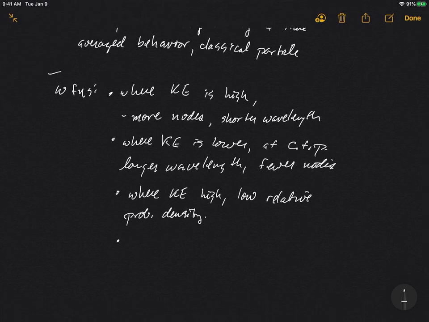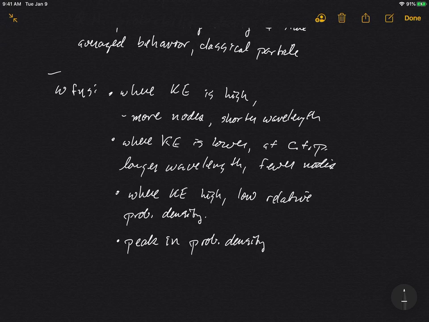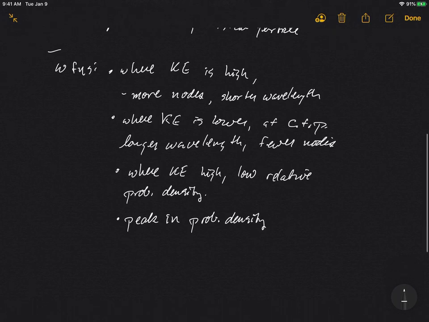And where it's low, we'd expect a peak in the probability density, or the wave function squared. The wave function can have a negative value in these regions, but the square would be positive. So there we'd have a peak in the probability density near the classical turning point.